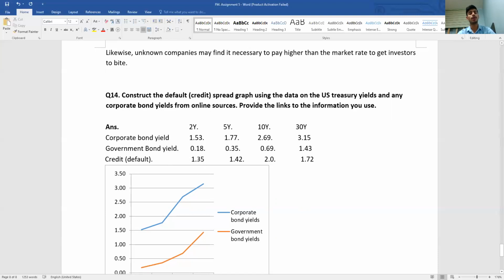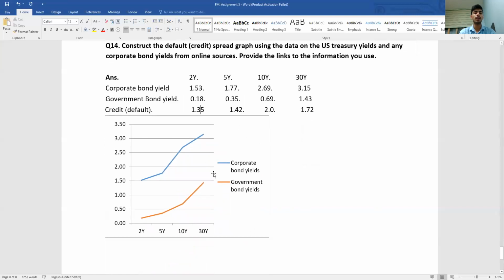How I found the credit default spread: corporate bond yield minus government bond yield, so 1.77 minus 0.35 is equal to 1.42, and the same for the 10 year and 30 year.